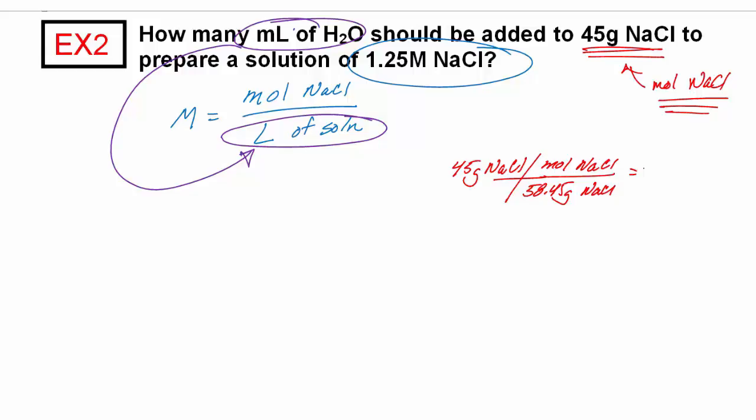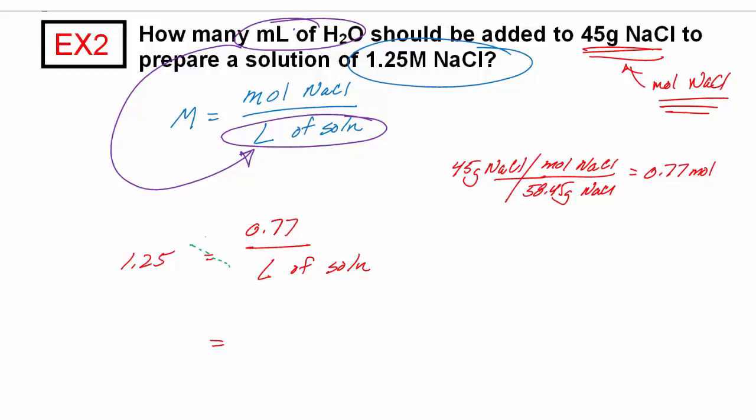0.45 divided by 58.45, about 0.77. So my molarity, 1.25, has to equal 0.77 all over my liters of solution. Now you remember how to do this. We want liters of solution to the other side, so you just move along the diagonal.